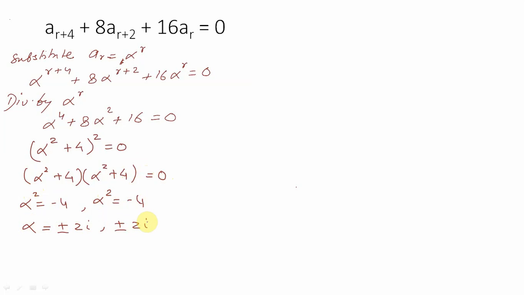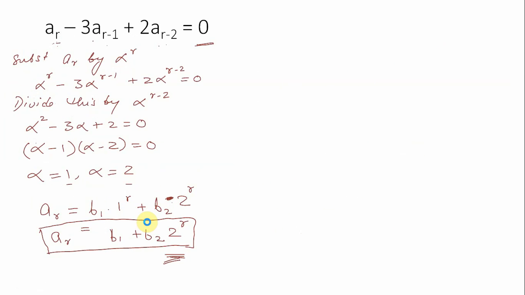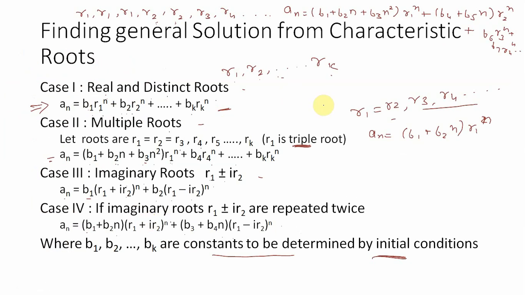So see over here, not only are the roots imaginary, but they are also repeated twice. So I'll have to use, once again, let's go back. If the imaginary roots are repeated twice, I'll have b1 plus b2 and first root, b3 plus b4 and second root.